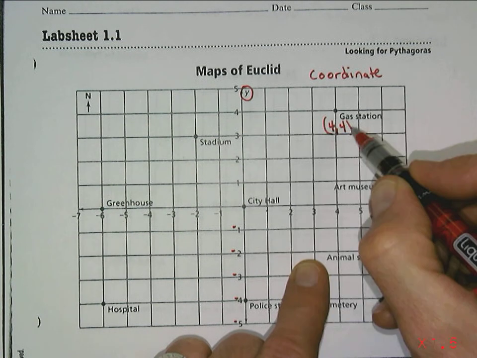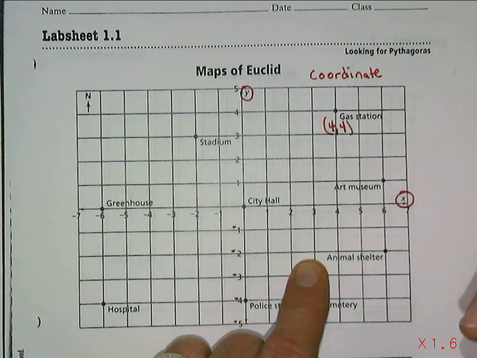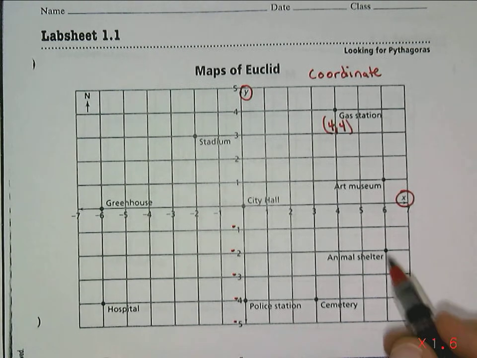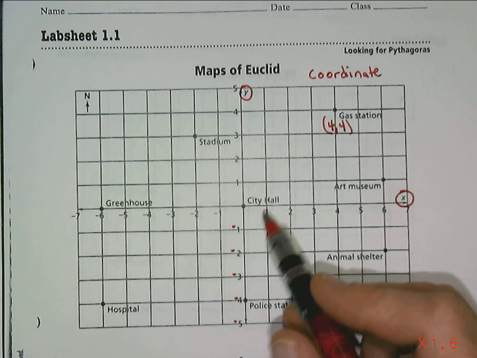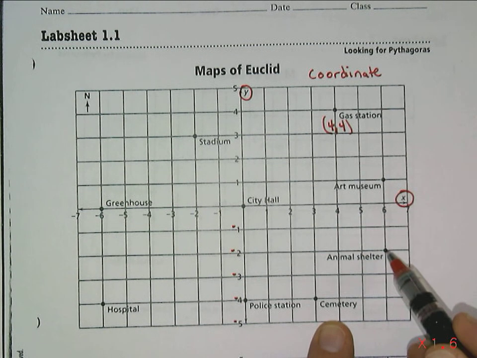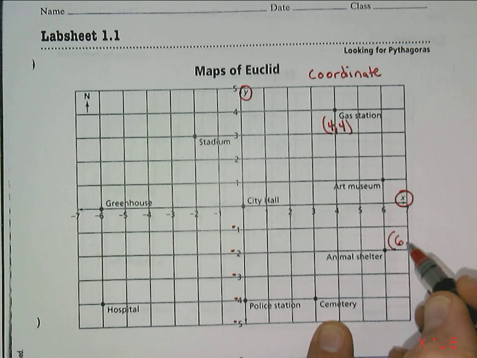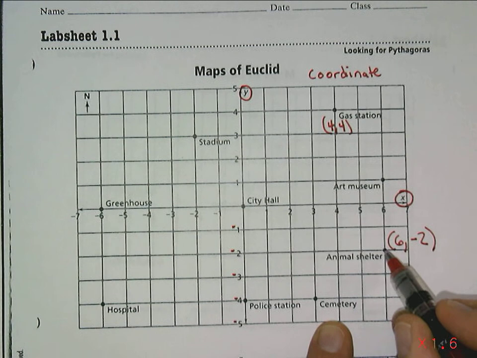In the case of the gas station, because they're both 4s, you wouldn't really know which one is x and which one is y. But in the case of other locations, for example, if I were to go to the animal shelter, we have to go to the 6 and then down to the 2, and so over 6 and down 2 gives us the location of the animal shelter.